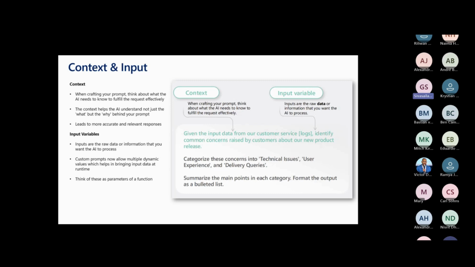And as part of the prompt, you're not limited to just having one input variable. You could have multiple input variables. In this example, given the input data from our customer service logs, where logs is the input parameter, you're specifying that's the first part of the context.